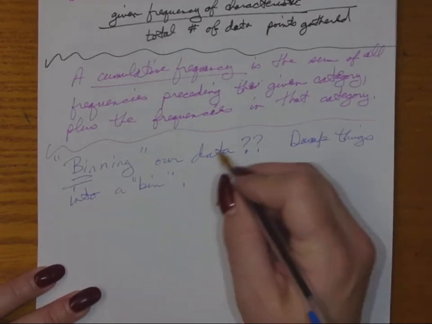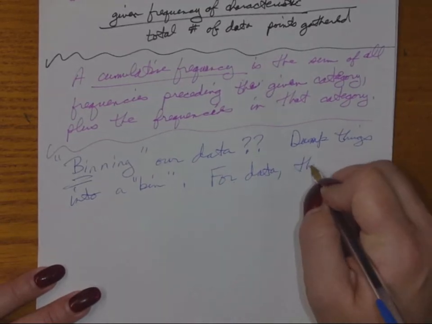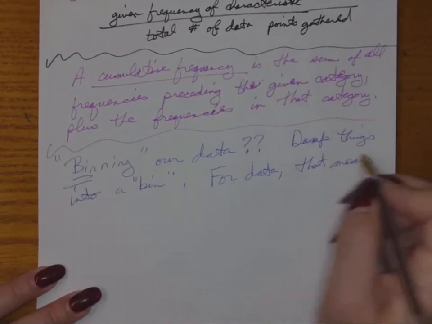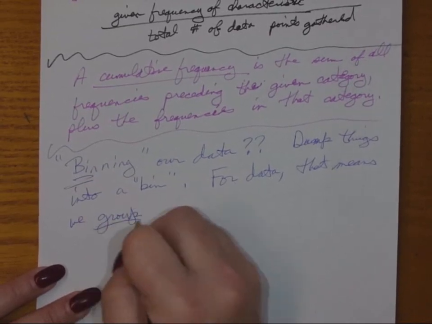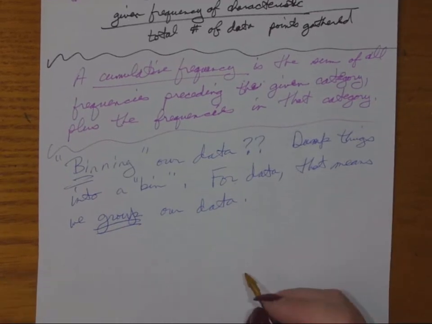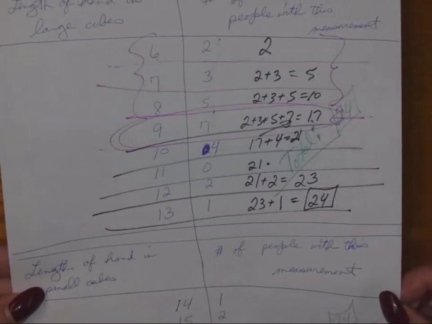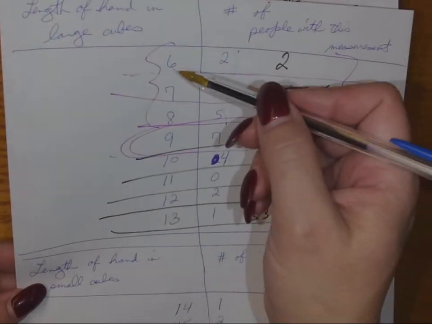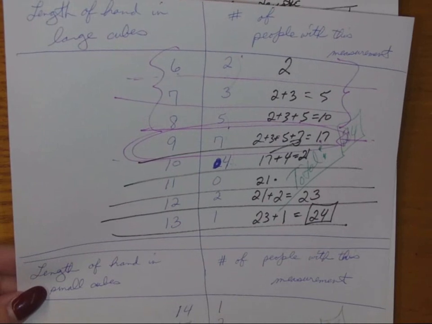Okay, so for our cases, for data, that means we group our data. In other words, here we were talking about people in each individual category, people with 6 cubes, people with 7 cubes, but I could have grouped them, say, by 2.